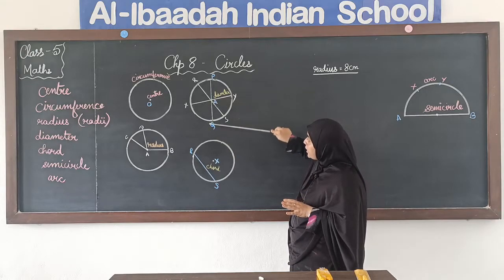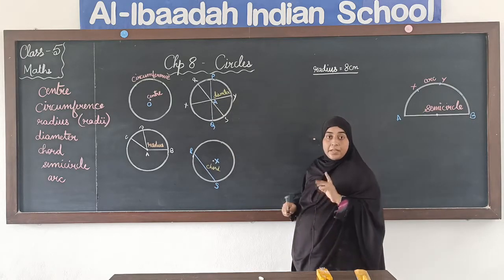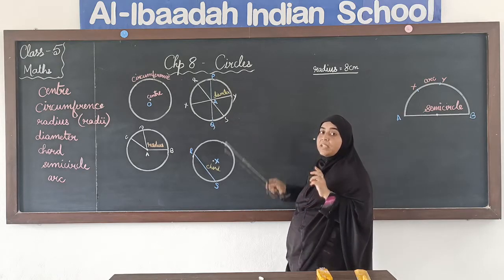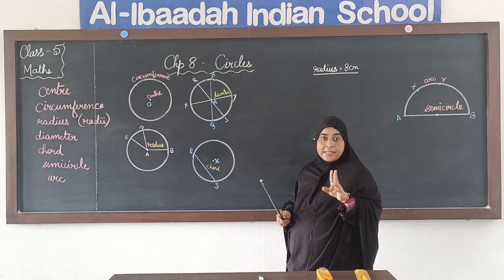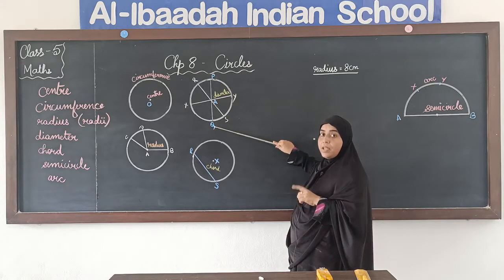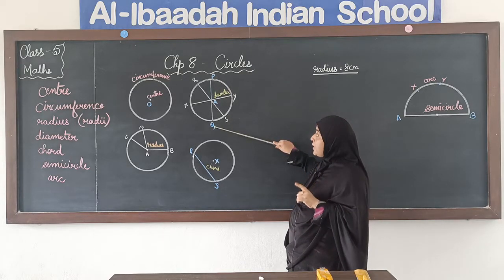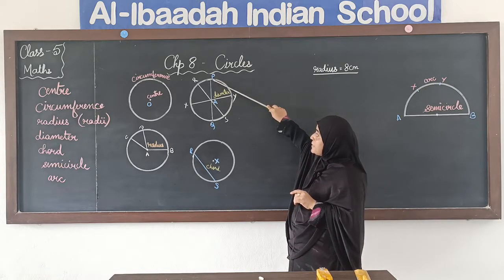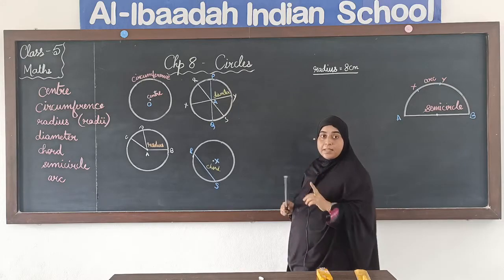Same way AQ is also a radius. Now, PQ is a diameter which has two radii in it, right. In this diameter, we can see there are two radii. AP is one of the radius and AQ is another radius.